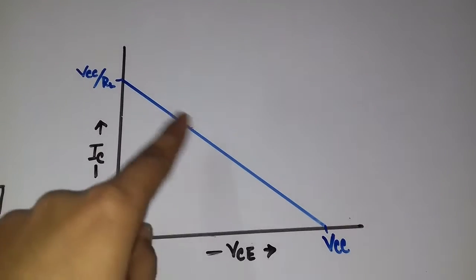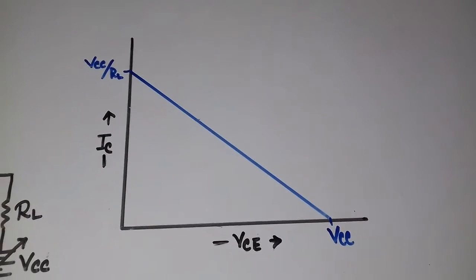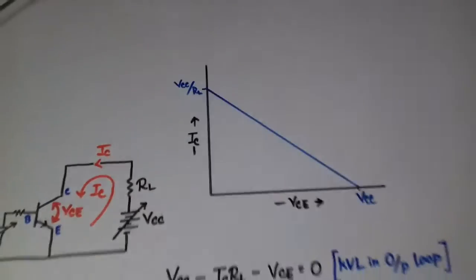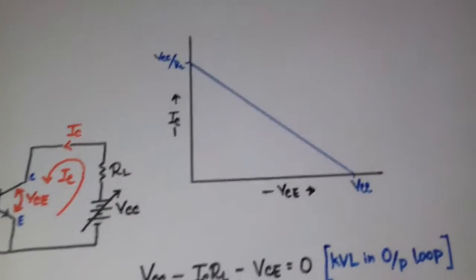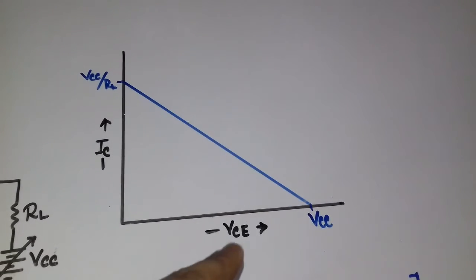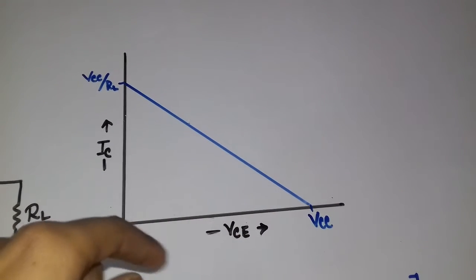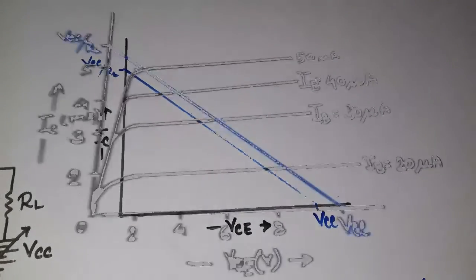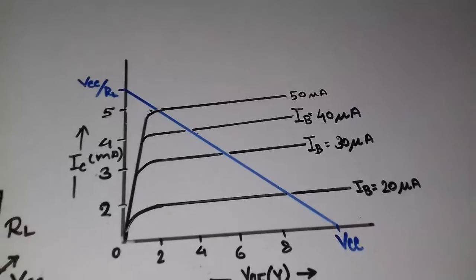This straight line represents the KVL equation in the output loop, and this is called the DC load line in the output of the transistor. Now if we plot VCE versus IC, that is the output characteristic curve, it will intersect the DC load line at different points.